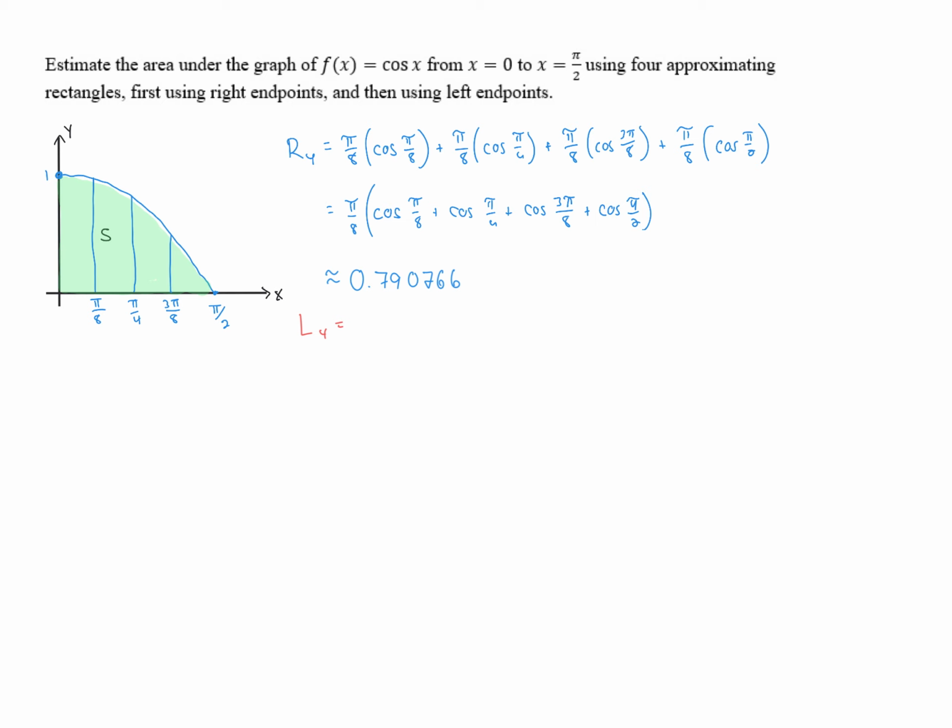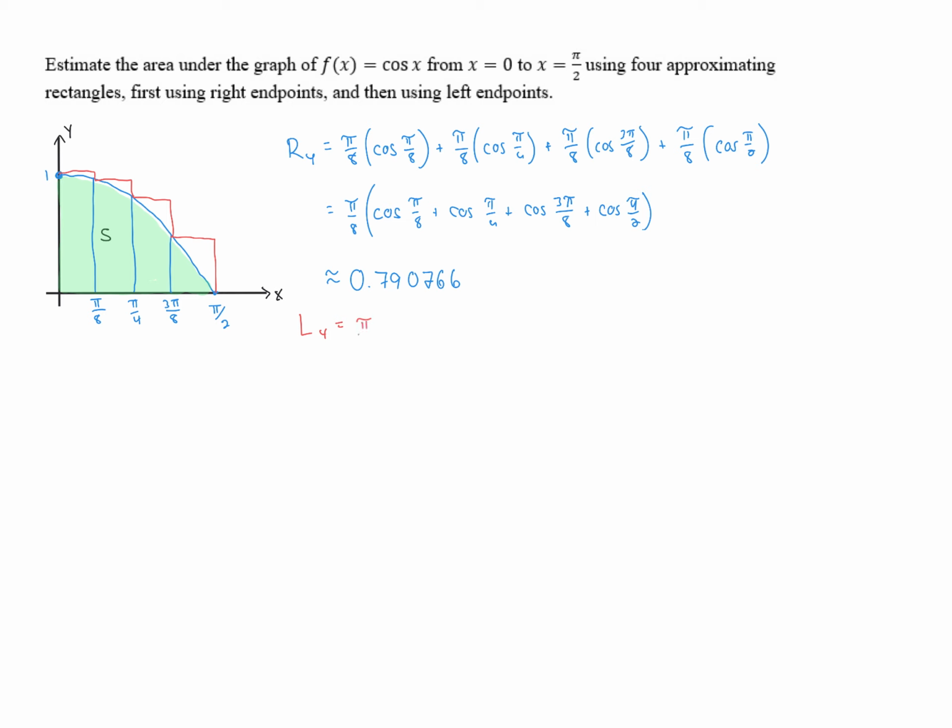All right. And then we can do the same thing for left-handed rectangles. I didn't actually draw in the right-handed ones, but we can draw in the left-handed ones. If we drew both of them on the same one, that would just complicate the drawing, I think. So here are our left-handed rectangles, and you'll notice that the difference here is that the heights of these rectangles come from the left endpoints of each of these intervals. So it's going to be very similar.